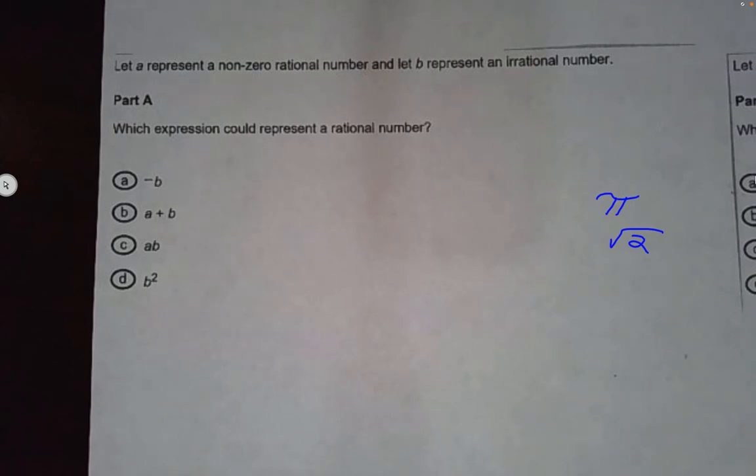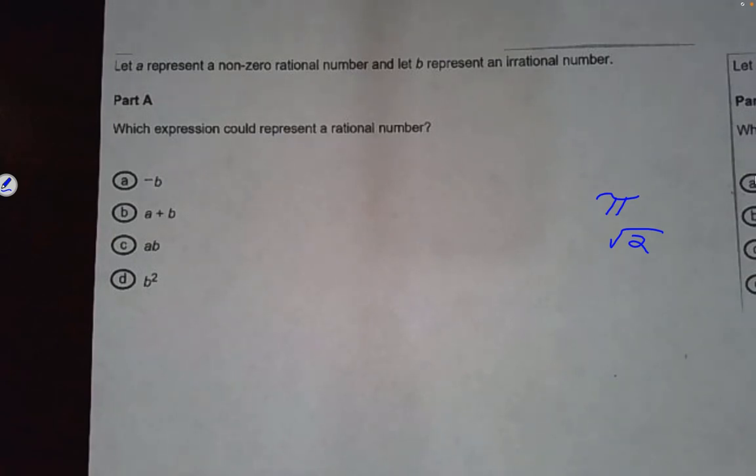What would be a rational number? I think you're going to have to square it. Oh yeah, that's what it is. Sorry, I told you the answer. It says which one of these would be rational, if A is rational and B is irrational. This one's kind of confusing. Y'all, they give partial credit. So say you get the first part right and the second part wrong, you're still going to get partial credit.